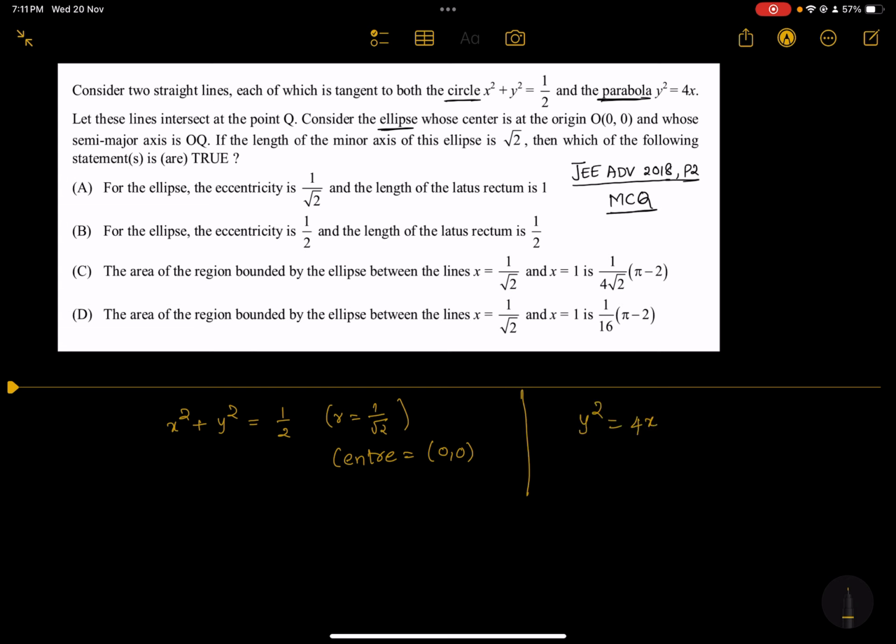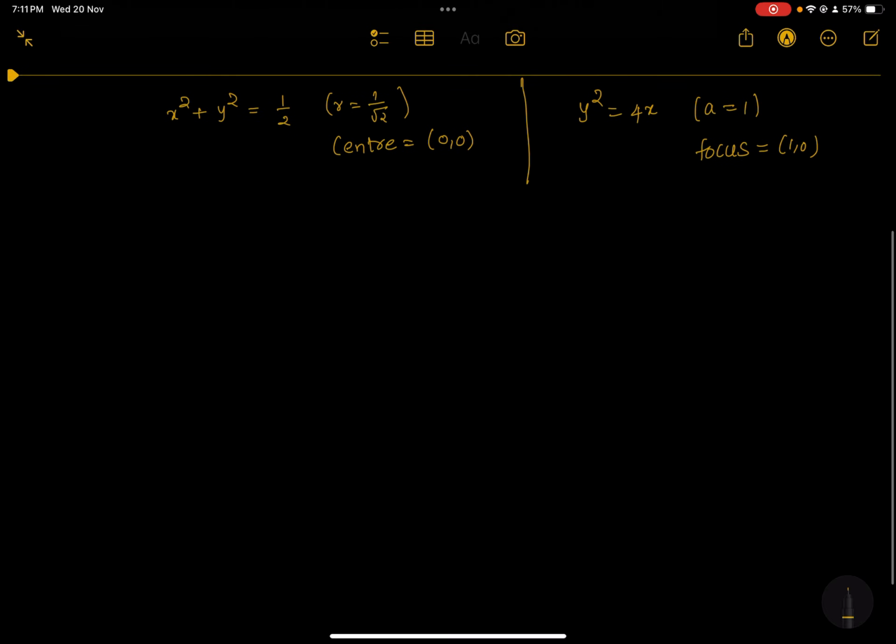If you compare it with the general form, y square is equal to 4ax, a will be 1 here, and the focus is 1, 0. So let us draw these two curves on coordinate axis.